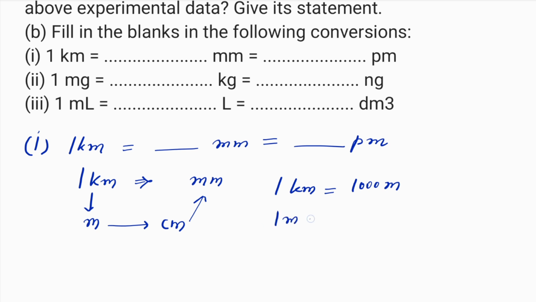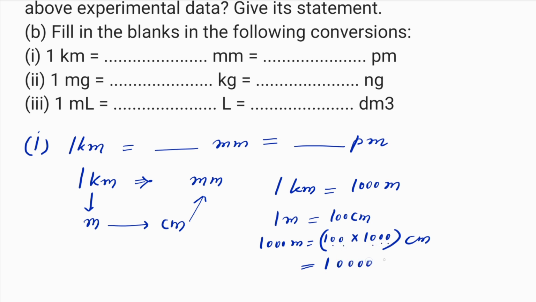1 meter is equal to 100 centimeter. So 1000 meter will be equal to 100 multiplied by 1000, and the answer is in centimeter. That is 1 followed by 5 zeros.